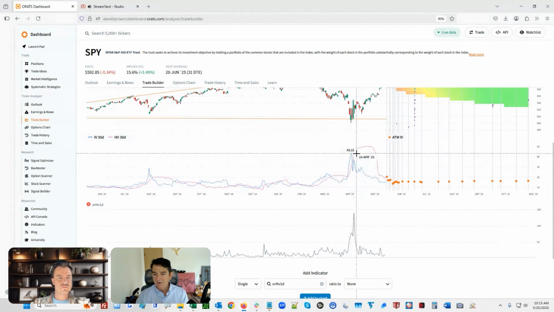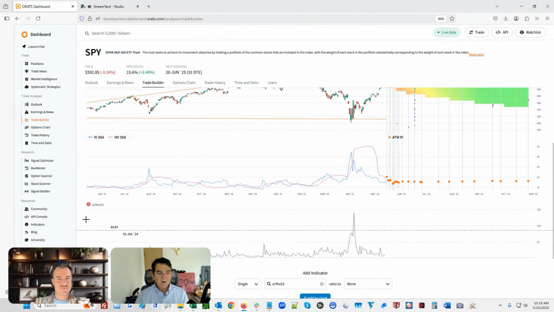So you'll see it spike up here, and if you're looking at a 20-day vol, it takes 20 days for it to come back down. But this is more down in the 12s, almost single digits. Wow. For the actual vol. So that's why our forecast is low.